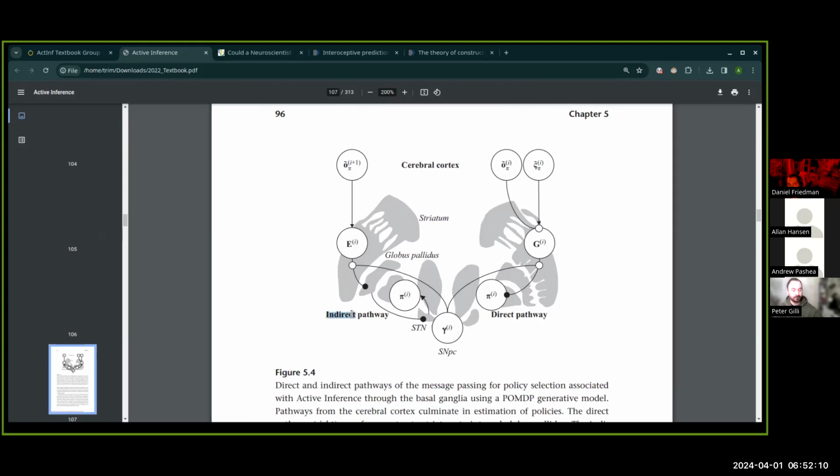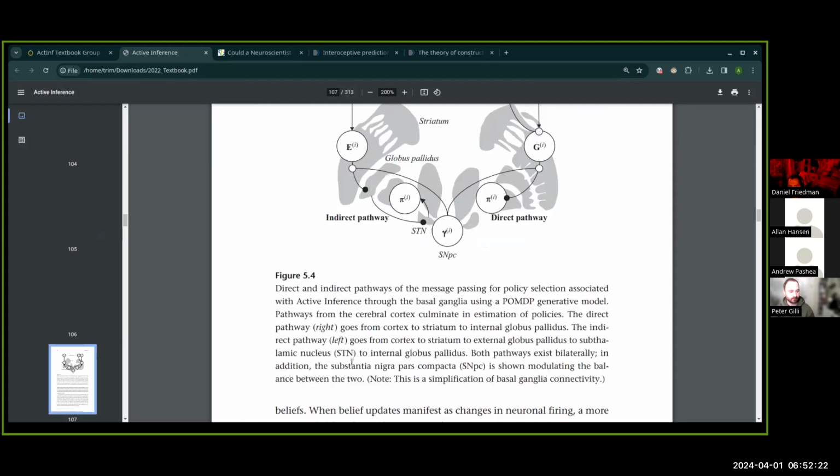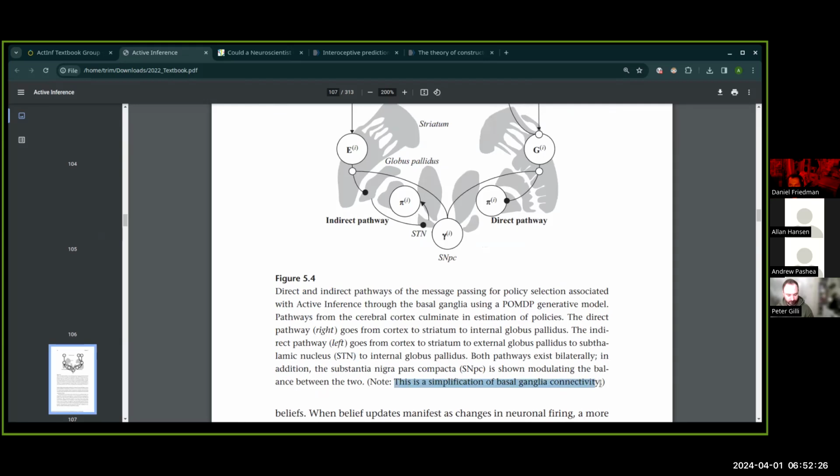Basically there's two paths, the indirect and the direct pathway, which are both bilateral as far as I understand, but they're just separating them out here. So these are different brain regions with their acronyms. It's a simplification. Okay.